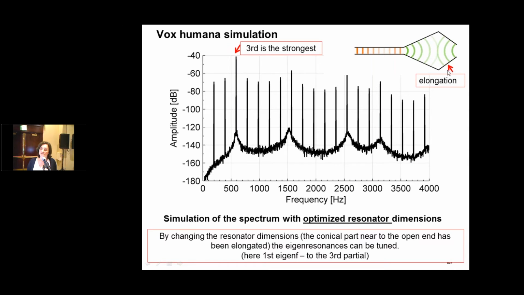So in this case, we change the dimensions of the resonator so that the conical part near the open end has to be elongated, and in this case we find an optimal place where the first eigenresonance frequency is equal to the third partial, and because of this we have an optimal Vox Humana voice.